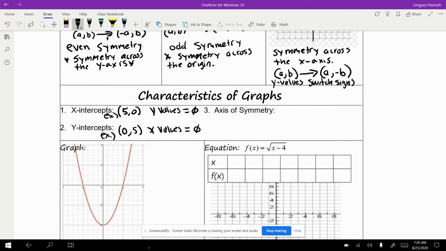Axis of symmetry is a linear line that cuts a symmetric function into two equal parts.